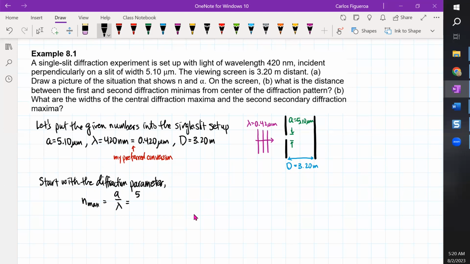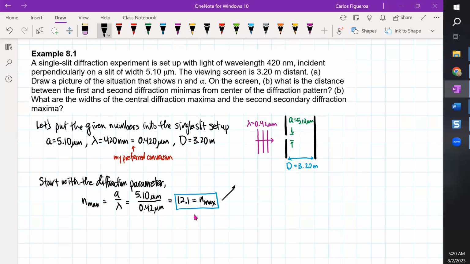This will be 5.10 microns divided by 0.42 microns, and that's going to give me 12.1 for Nmax. So I now know my maximum value for N. Now I could just go and start counting these.